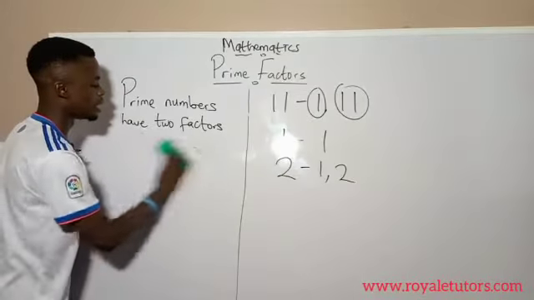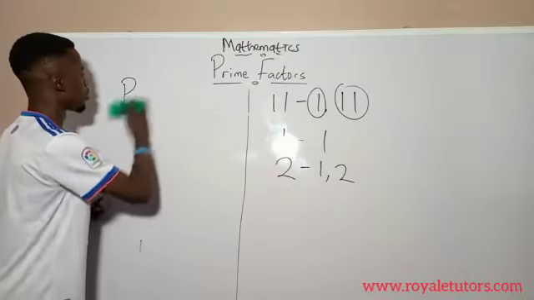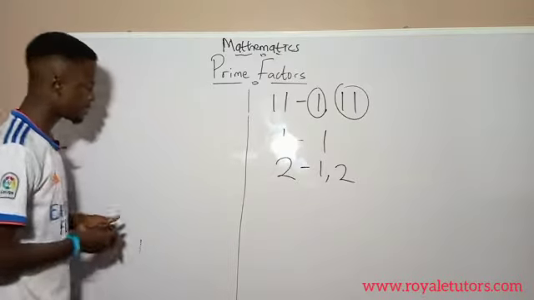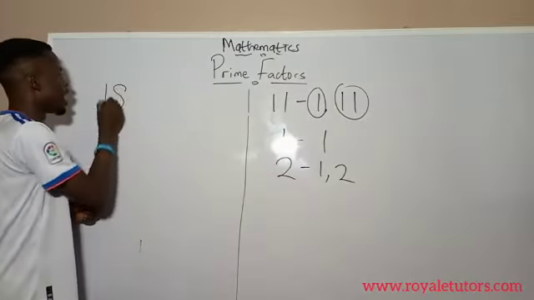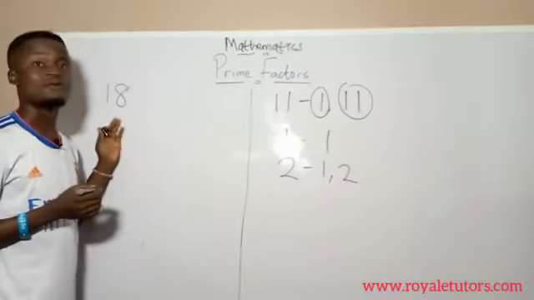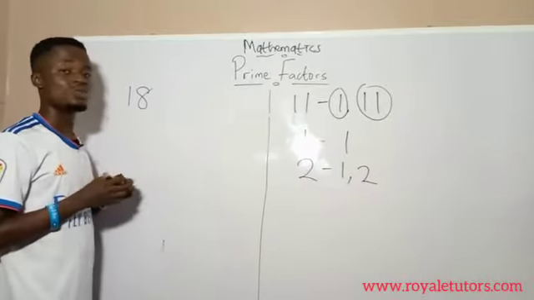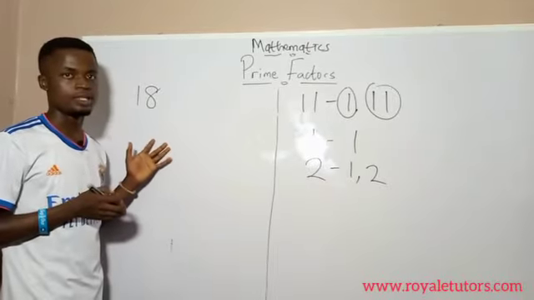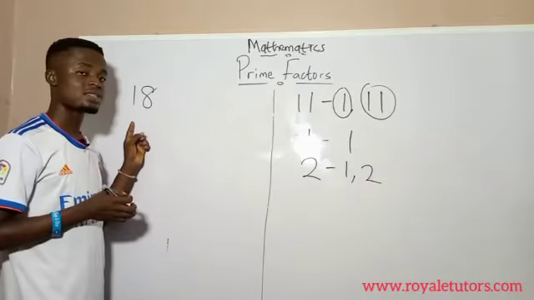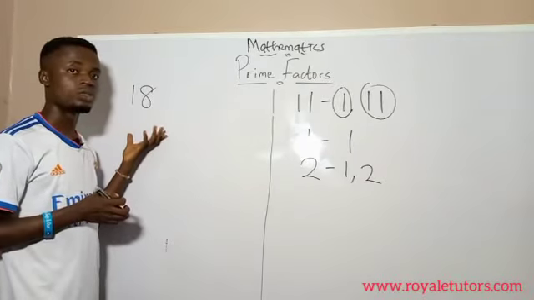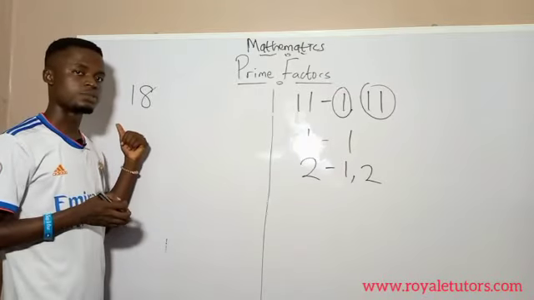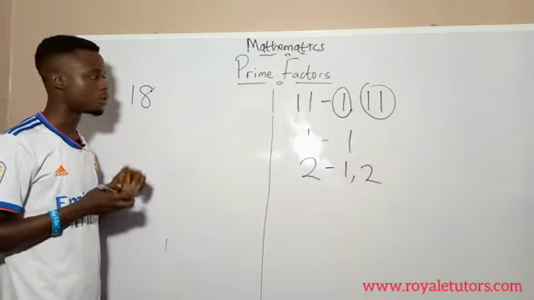So I want to make an example now of prime factors. For example, you have the number 18. If you are asked to write out the prime factors of 18, the first thing to do is to list out the factors of 18. The easy method you can use has been published in the video that we did before on factors.